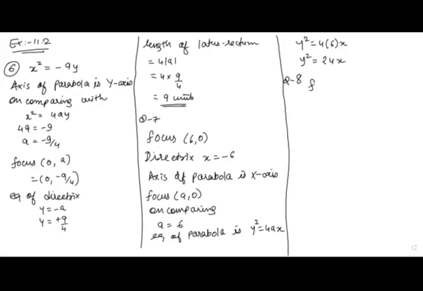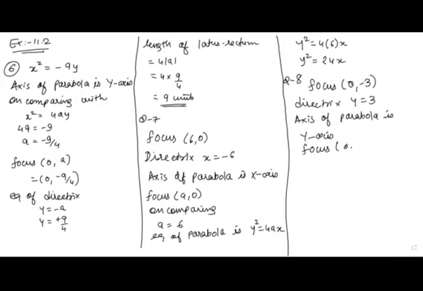The focus given in the 8th question is 0 comma minus 3 and the equation of directrix is given as y is equal to 3. So definitely my axis of the parabola in this case is the y-axis, as my focus is on the y-axis. You know that if the focus is on the y-axis, then it is 0 comma a.